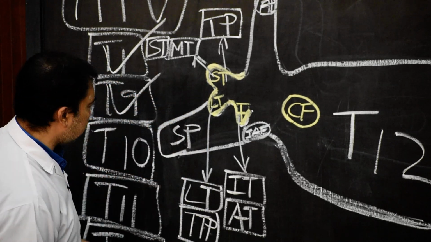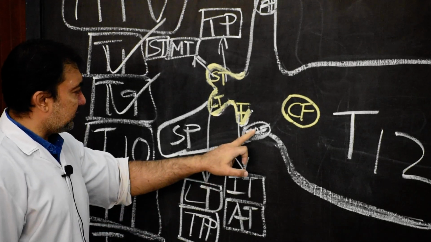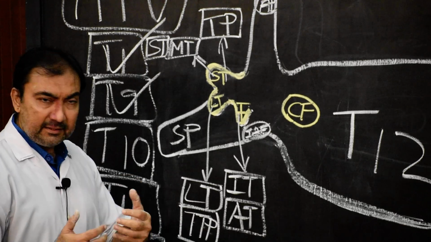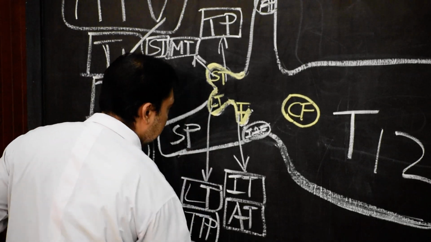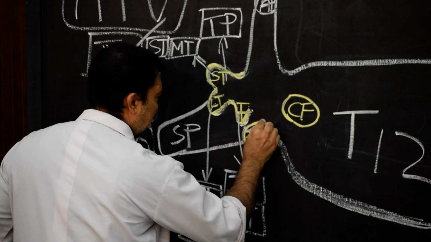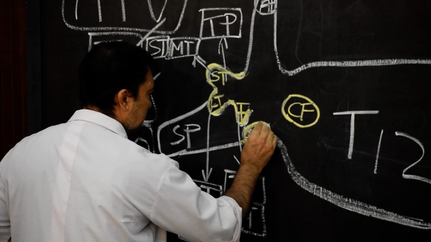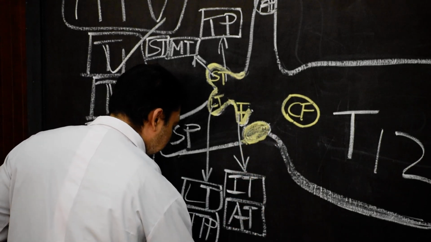And feature number 3. Feature number 3 is with respect to the inferior articular facet or inferior articular processes. If I show like this, these are the inferior articular processes, and mark it.